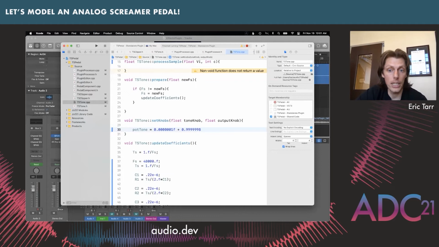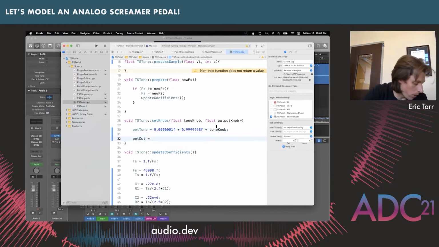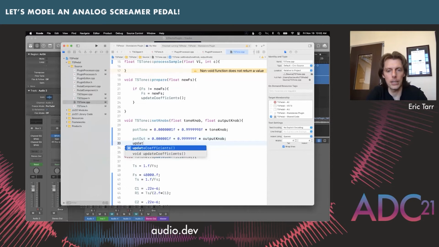And we don't want it to go all the way up to 1 either. So we will use this equation for it. Our output knob, it actually ends up working out okay if the output does go all the way up to 1, but we don't want it to go all the way down to 0. So similar thing, times our output knob on this. Update those things, and then we want to call and update coefficients.